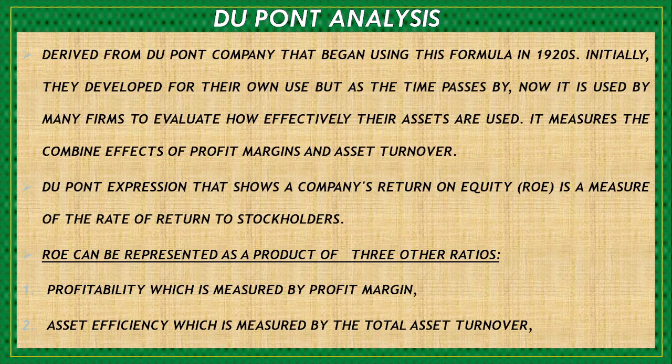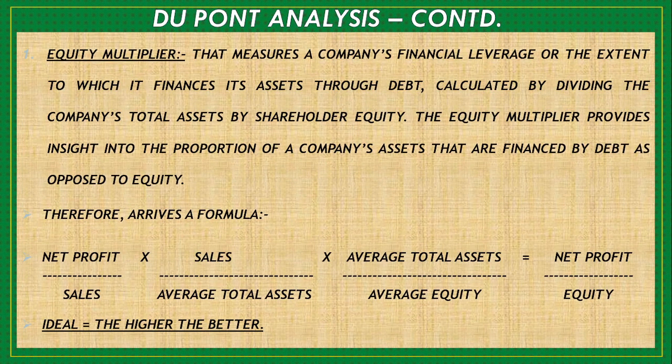ROE can be represented as a product of three other ratios: profitability, which is measured by profit margin; asset efficiency, which is measured by the total assets turnover; and equity multiplier, that measures a company's financial leverage or the extent to which it finances its assets through debt, calculated by dividing the company's total assets by shareholders' equity.